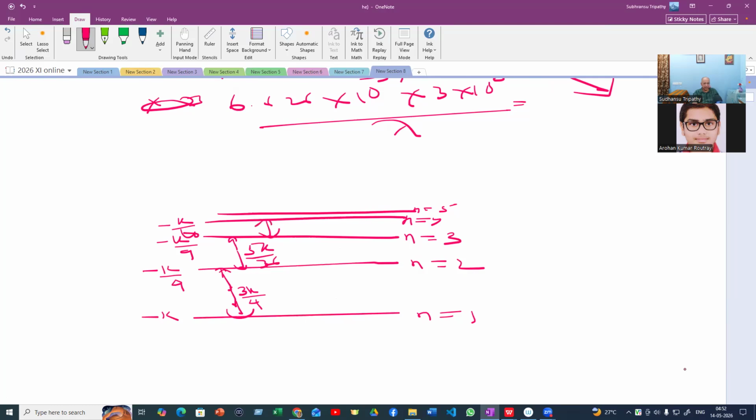This gap is still less. This is 16 minus 9, 7k by 144. So the gaps between two adjacent energy levels are reduced.